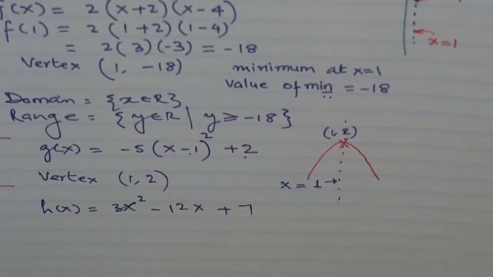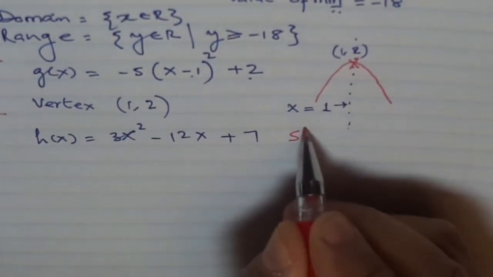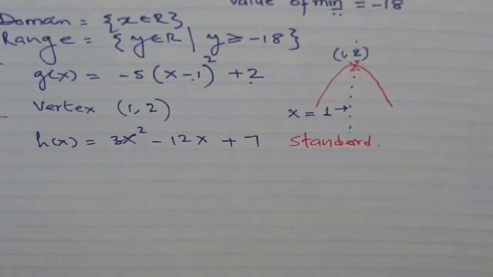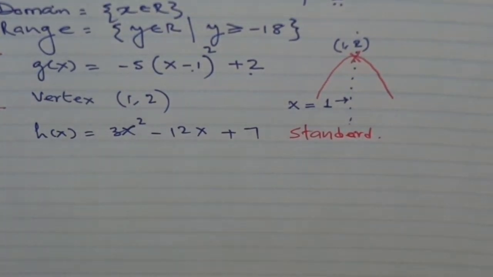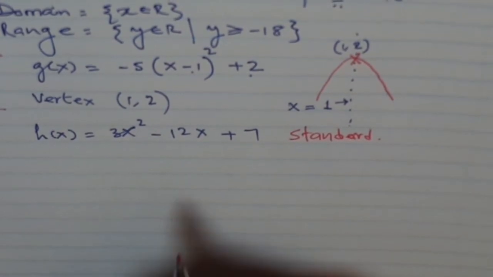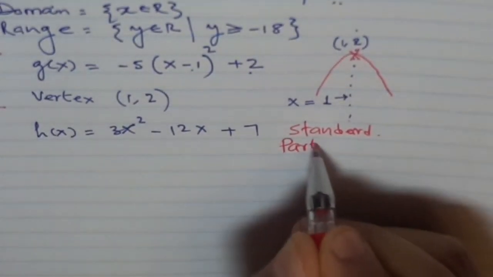Now, this equation is given in standard form. So let me write here standard form, right? How do we find the axis of symmetry when the equation is given in standard form? Well, remember this. This method is not dealt with in many books. So we will use this method. It's called partial factoring.